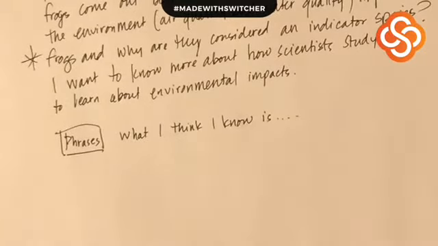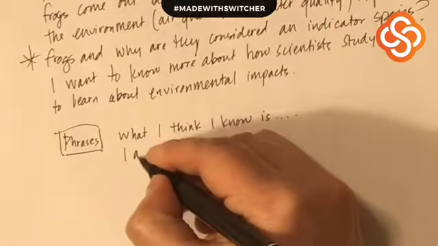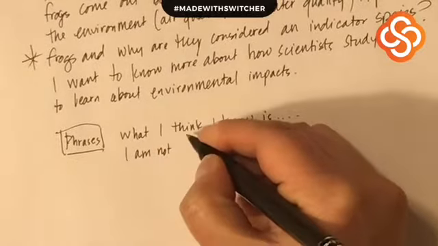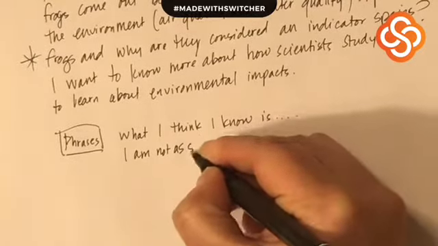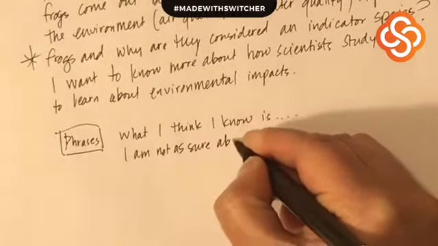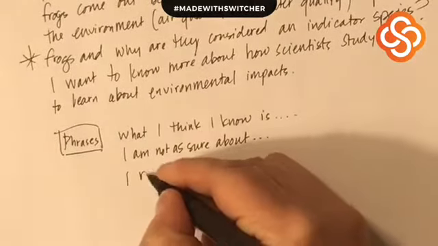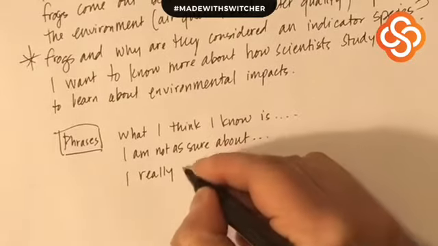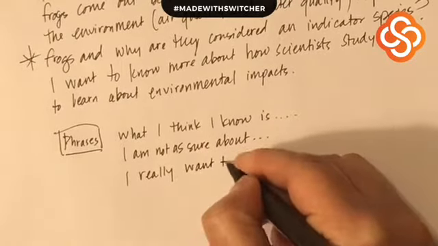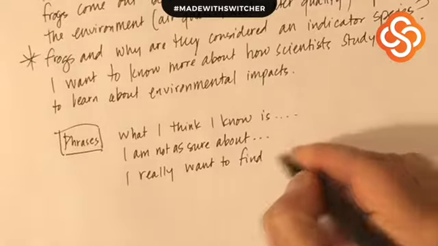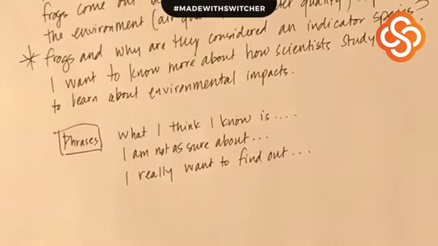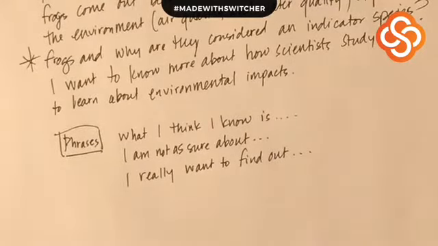So what I think I know is, I am not as sure about, would be a good phrase. And I really want to find out. So those are three very good phrases that I should be seeing in your writing that would help me understand how you're thinking about your topic.